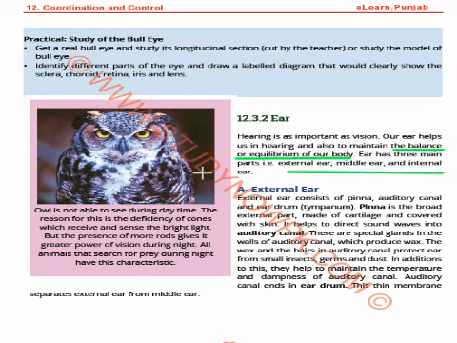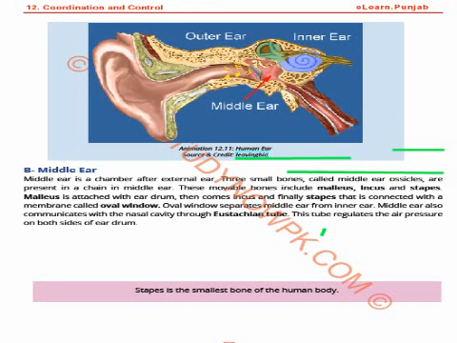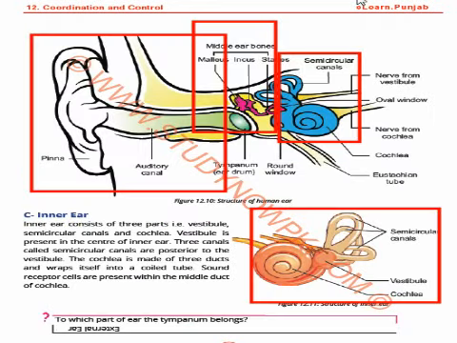The external ear has a pinna, the auditory canal and an eardrum. Pinna is the broad external part, which is made up of cartilage. If you look at this picture carefully, the first part is the outer ear, the external ear. It consists of the pinna, the outward part of the ear which can be seen.